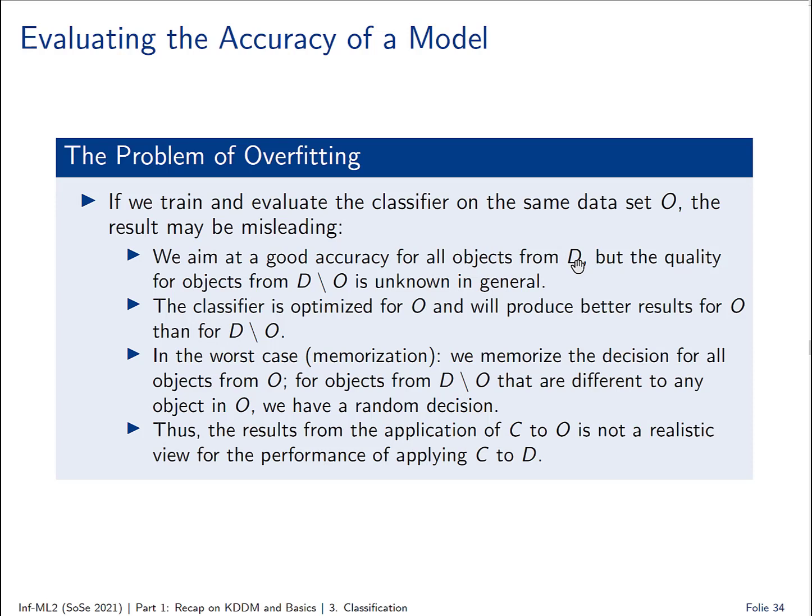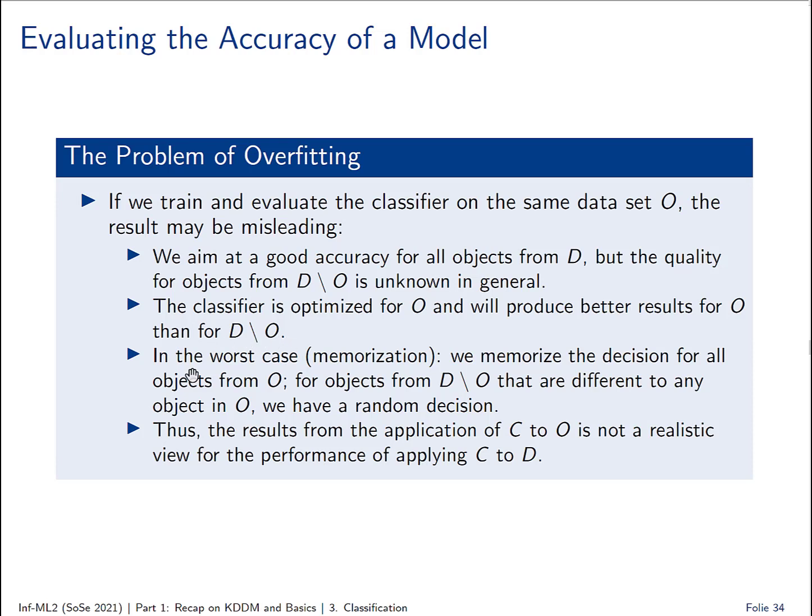But the quality for objects that we haven't seen so far in O is unknown in general. But we want to be also good for those objects. So if the classifier is only optimized for those objects that we already know, it will produce maybe very good results for the objects in O that we know, but not necessarily for not yet seen objects.